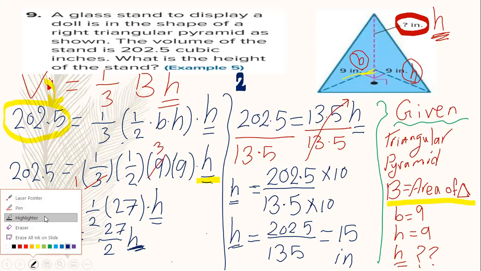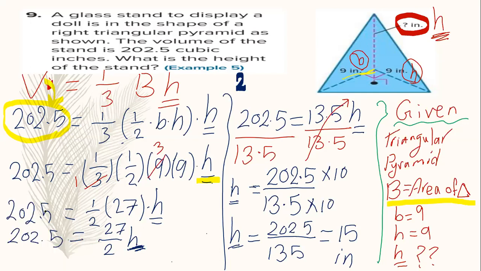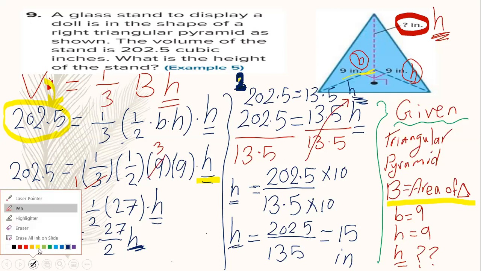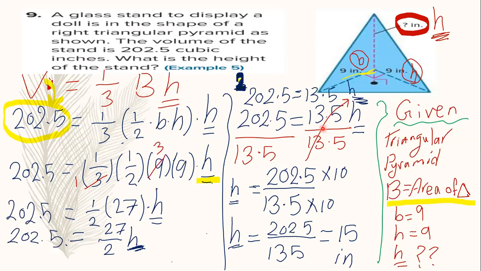So 202.5 equals 13.5 H. Now we got an equation of the variable H. We need to solve this equation by isolating the H. 13.5 is multiplied by H, so undo the operation.